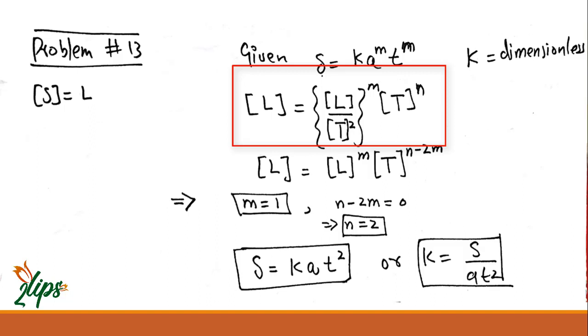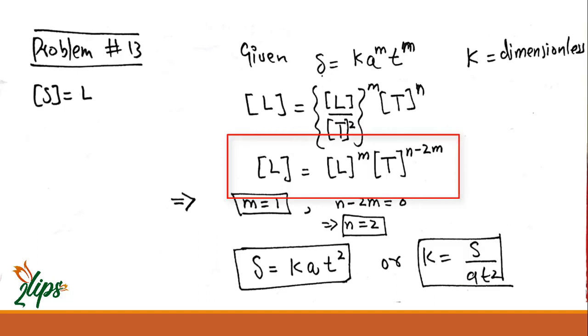So for a I can write L over T squared, and since the power is m, I can put this power on both quantities, so this will become L over T squared whole power m. And the dimension of t is capital T, so I can write T raised to power n. So further I can shift this T squared, so this will become L raised to power m and T raised to power n minus 2m.